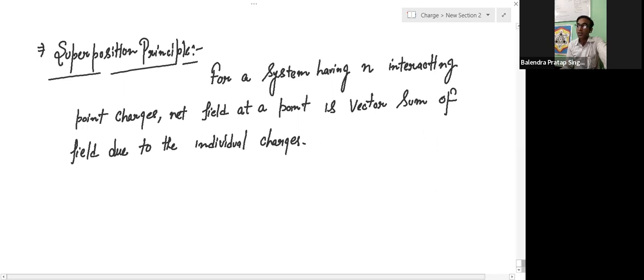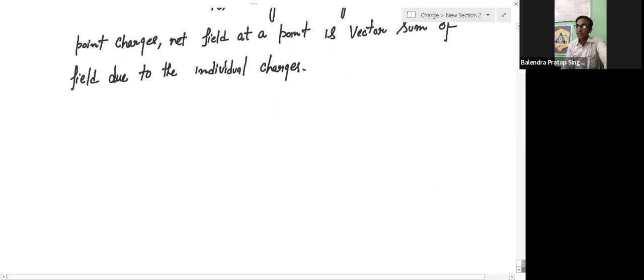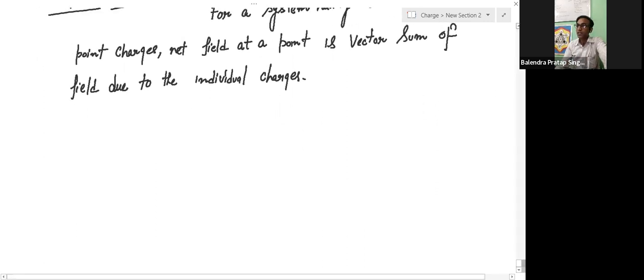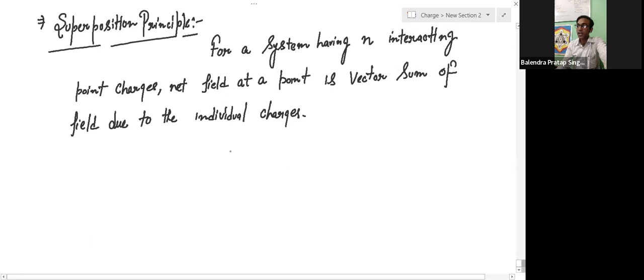Okay, so suppose we have some charges. Suppose I am taking a charge here, Q1, and another charge Q2, and again here another charge, Q3. In this case, what will be the net electric field at this point? What will be the electric field due to this charge Q1?